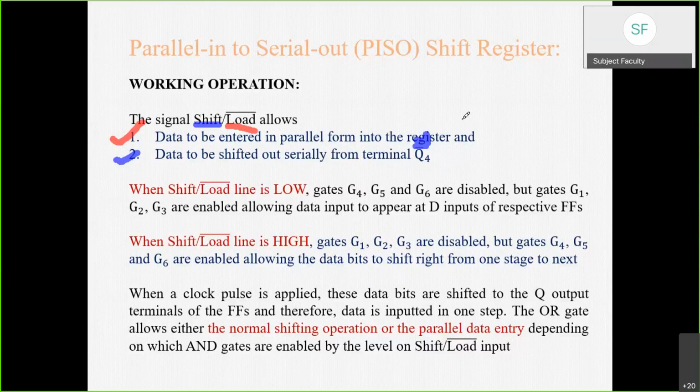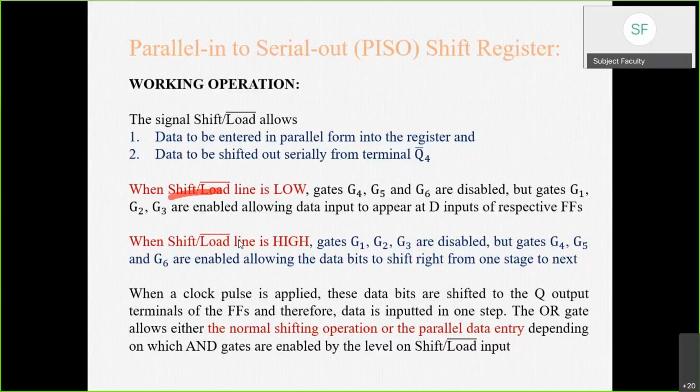So just remember that a parallel in serial out shift register has two functions. The first function is to load the data, and once you have loaded the data, then you have to transmit it serially. Now the shift or load bar line is a single terminal.